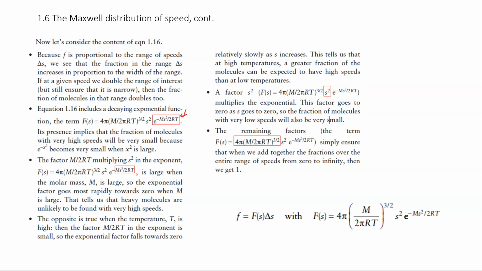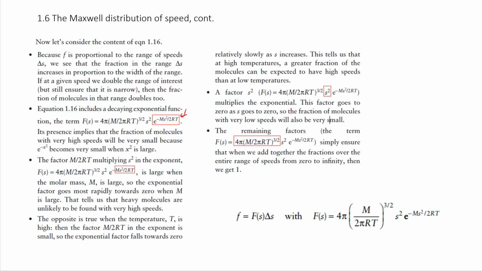Its presence implies that the fraction of molecules with very high speeds is going to be very small, because e to the negative x squared becomes very small when x squared is large. So as x gets larger, that fraction is going to become smaller and smaller, meaning the fraction of molecules which are going to have very high speeds is going to decrease under those conditions.